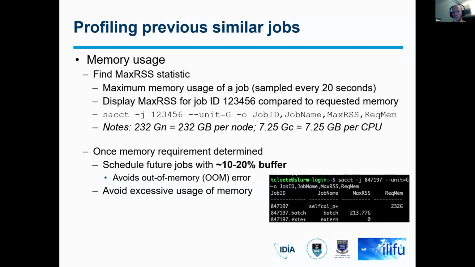So in general, we recommend using 10 or 20% higher than what you see. And in this case, looking at 213, an extra 10% there is about 20. So that kind of makes sense. But you also want, on the other side, to avoid excessive usage. So for instance, if it was 113 gigabytes, then requesting 232 would be excessive.